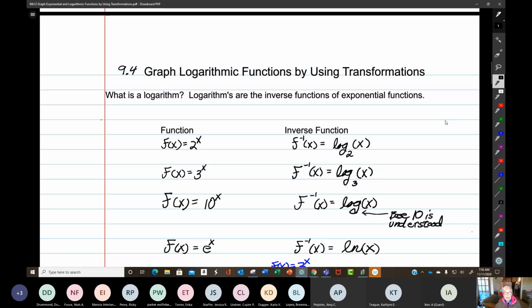A lot of nurses in our class, people who are going into nursing, the pH scale, your blood pH between basic and acidic, blood has to be in a certain balance, and that is given by a logarithm. You'll discover this Monday. But right now, we're going to talk about what the heck a logarithm is.